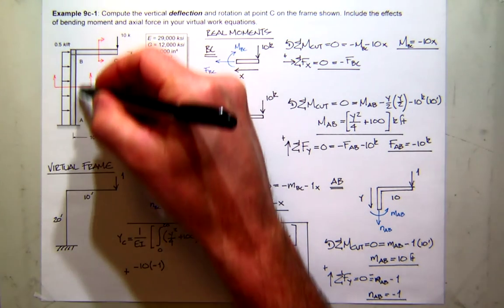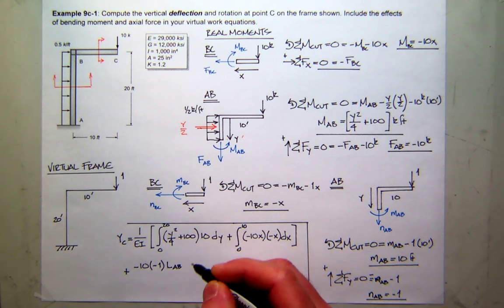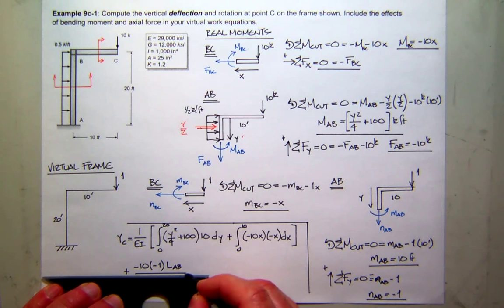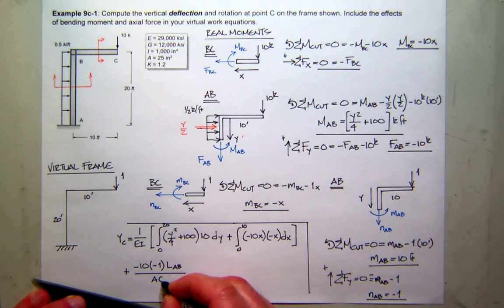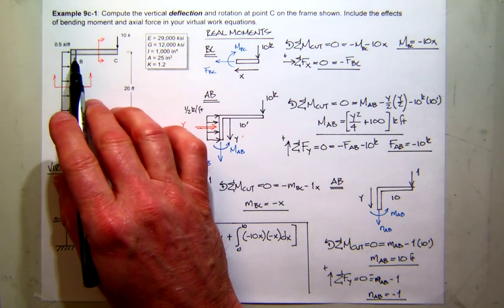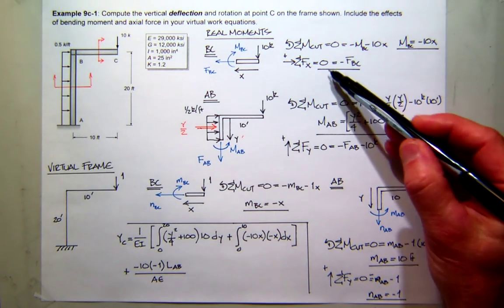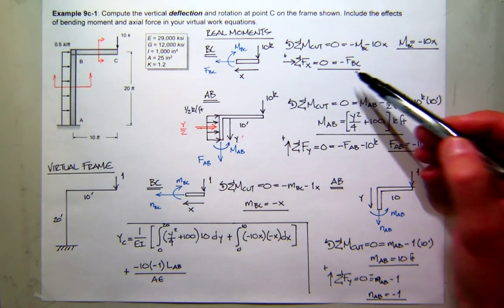The length of that element, I'll write this way: the length of AB, and then of course you would divide that by AE. Now, what about the additional contribution from B to C? Well, the axial load in BC is 0. So that's it.